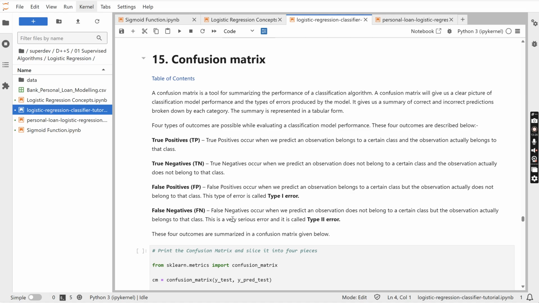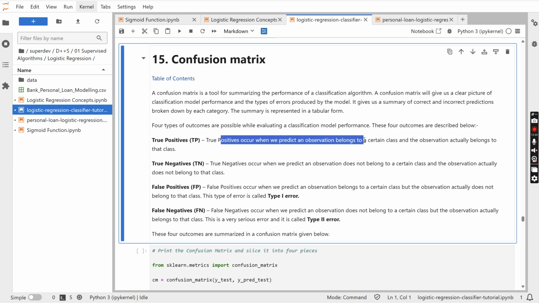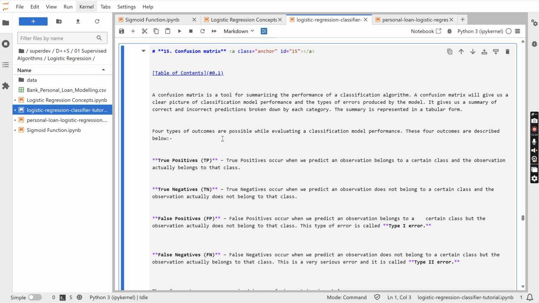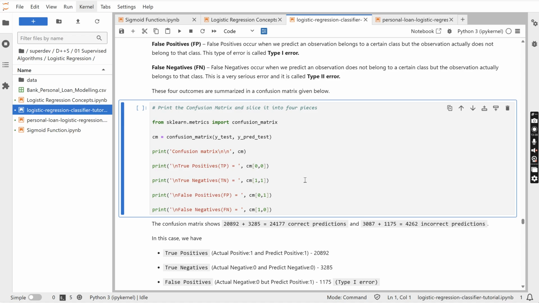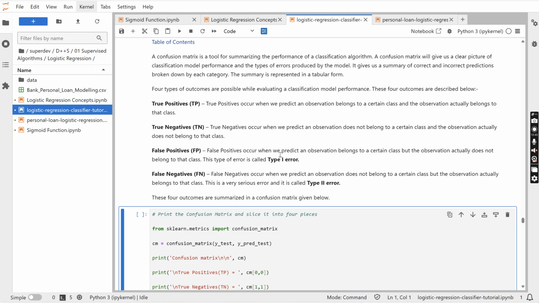Basically, true positives means the observations which are supposed to be positive anyway. For example, if the question was to add two numbers, 1 plus 1, then 1 plus 1 is 2.